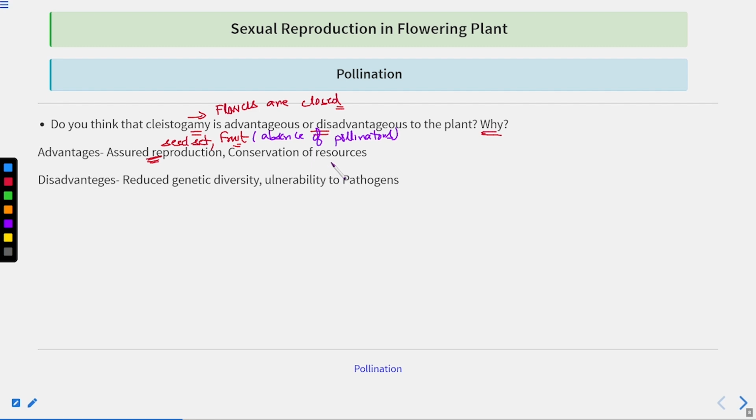Next is the conservation of the resources. So what is happening here in conservation of resources? Plants produce a lot of nectar and other things to attract the pollinators.